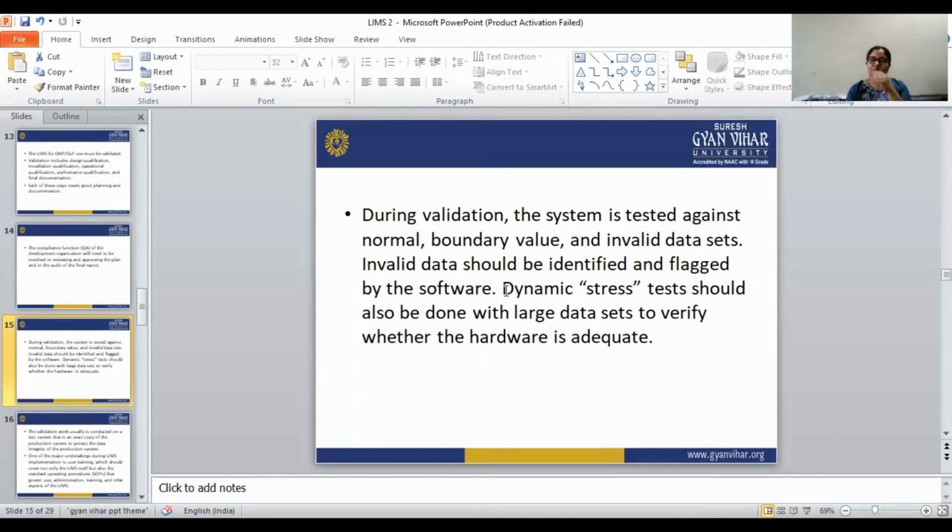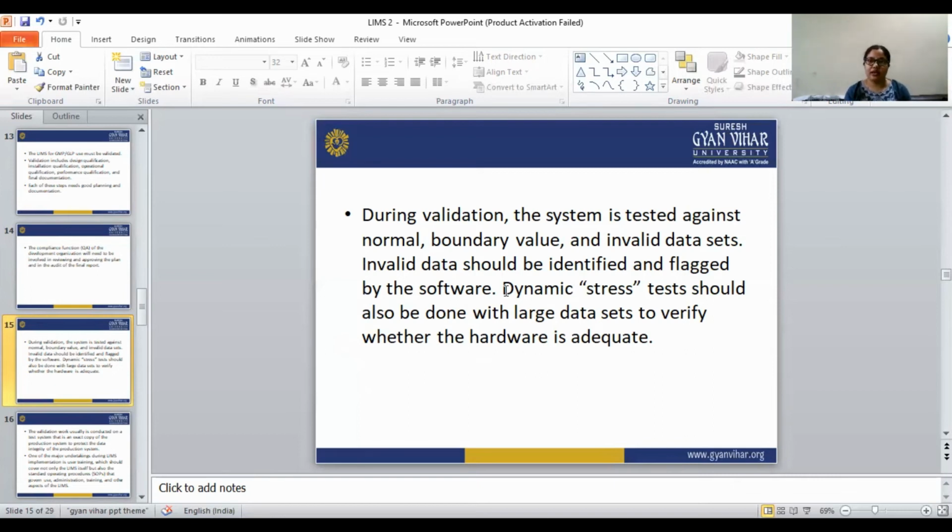So during the validation, the system is tested against normal value, boundary value, and invalid data sets.